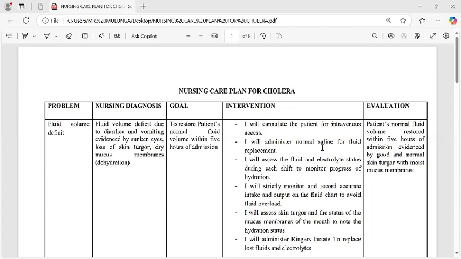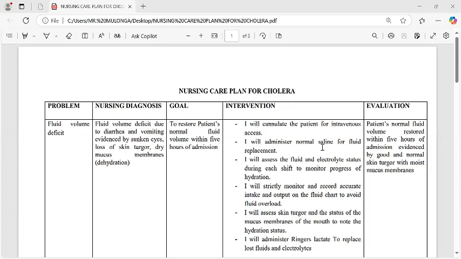First we start with problem identification. Remember in our previous video, we mentioned that the first thing you have to do when writing a nursing care plan is to do assessment. Here on the screen, we do not have assessment, but we are going to talk about it.